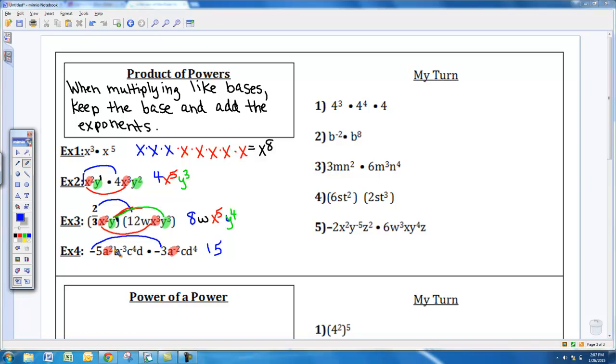We will have to multiply B to the -3, and there's nothing to multiply that with, so that B to the -3 is lonely.